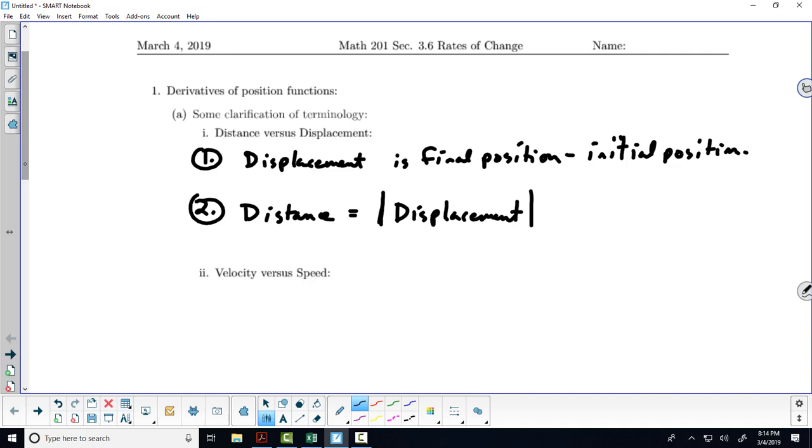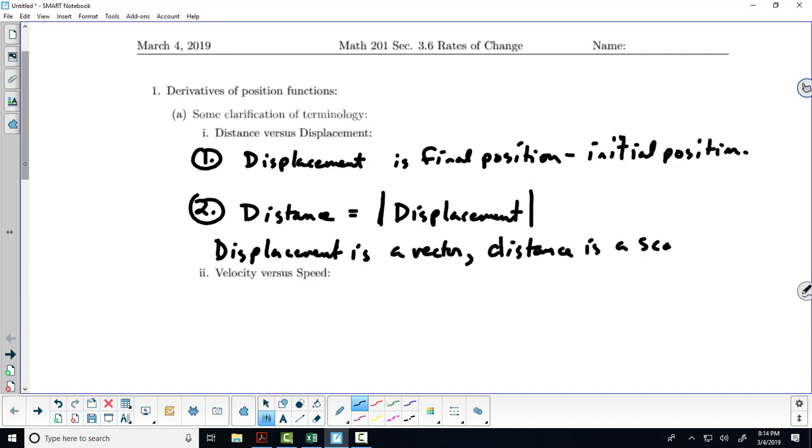Okay? So let me just say this another way. Displacement is a vector, while distance is a scalar. So we're not going to talk about vectors per se in this class.